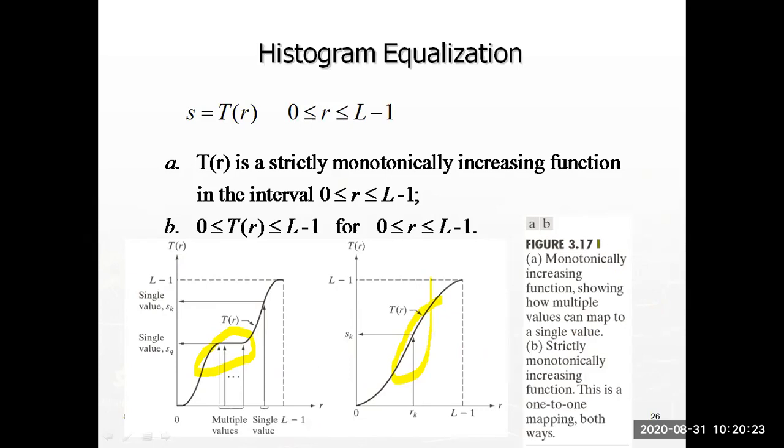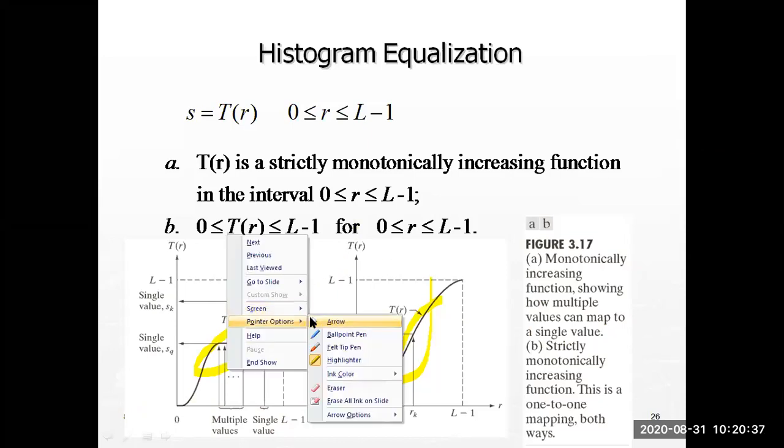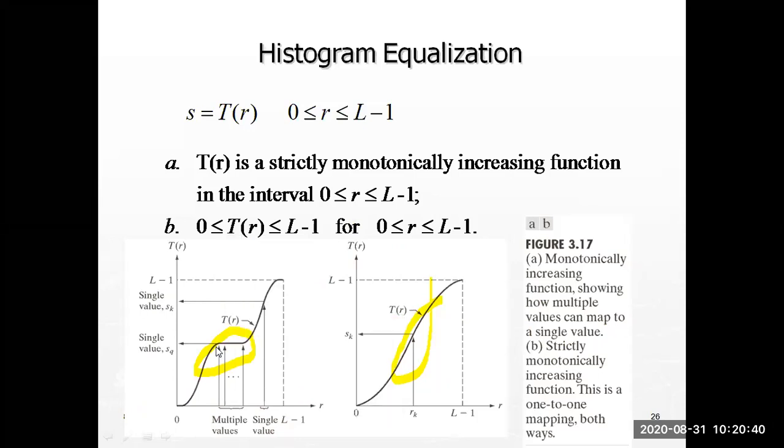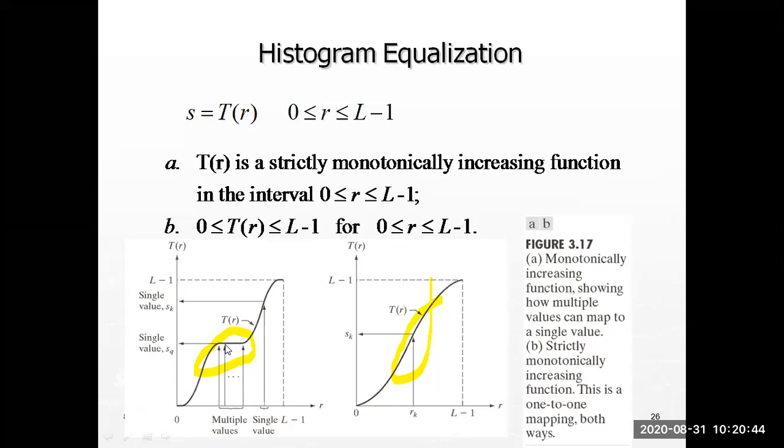The first one is called a monotonically increasing function, showing how multiple values can map to a single value. Suppose sometimes you have the same values; in this region, all have equal values. Those are replaced with a single value. Why show it multiple times? Instead we show only a single value here.